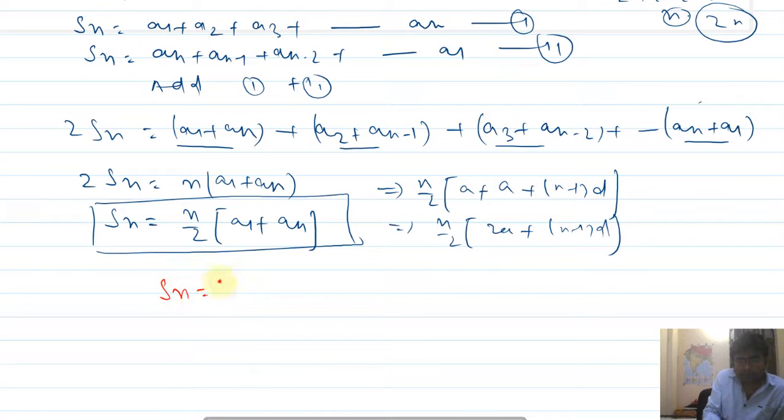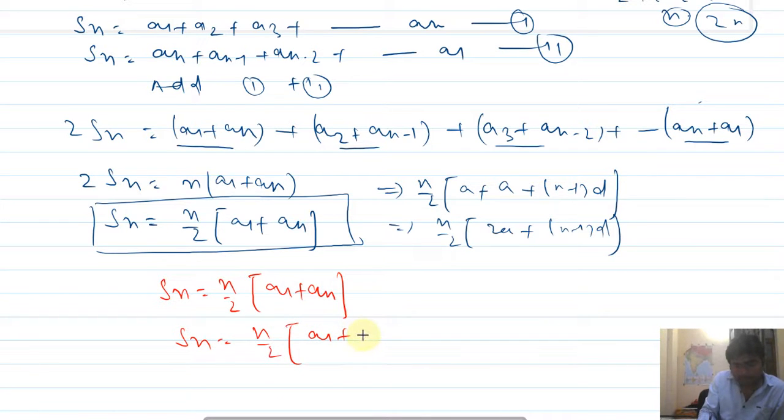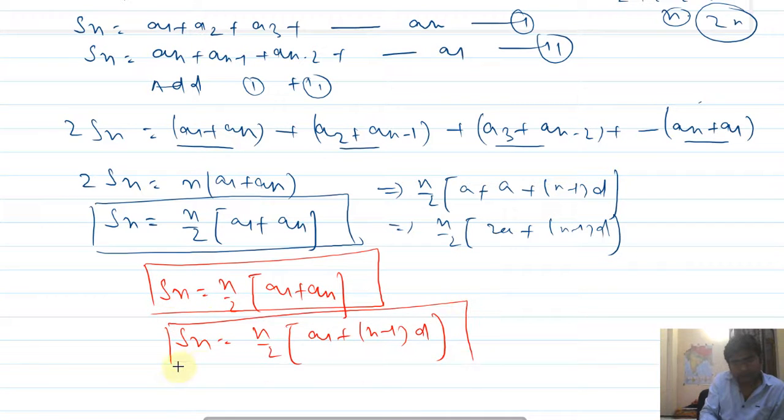Sn equals n by 2 (a1 plus an), and the second form is n by 2 (2a1 plus (n minus 1) d). So there are two forms, the first one and the second one. These are the important properties.